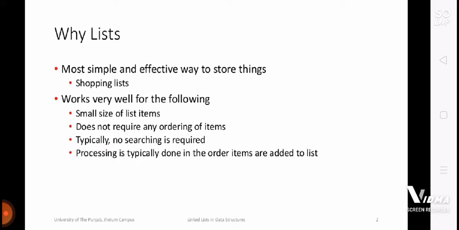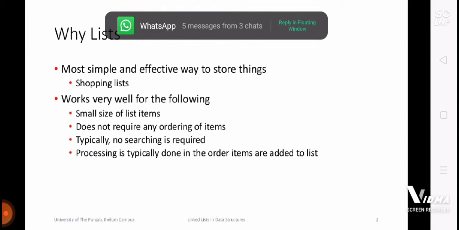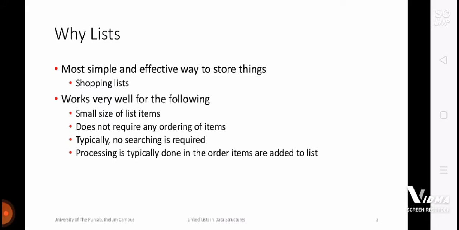A shopping list is an example of a list. Lists work very well for the following: small size of list items, no ordering of items required, typically no search is required, and processing is typically done in the order items are added to the list.